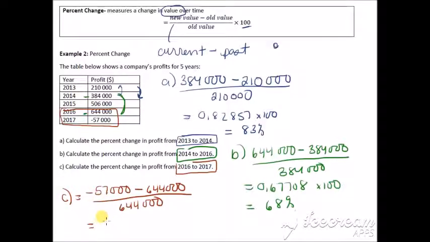So if we calculate this, we get negative 1.0885. Okay, multiply that by 100, that means it's a loss of 109% because of that negative. Okay, and this could be like closing a business, or maybe a recession in the market, or something bad happened.